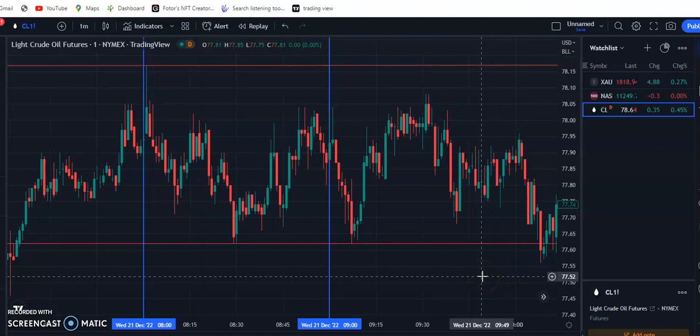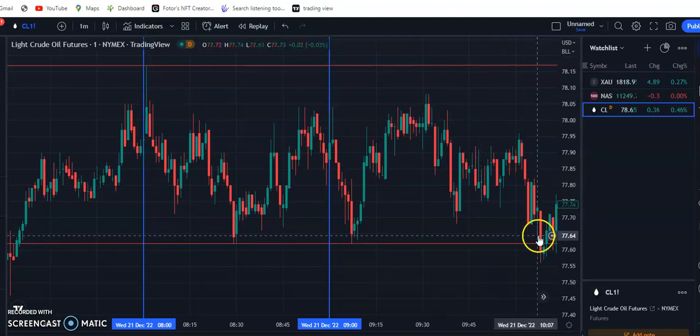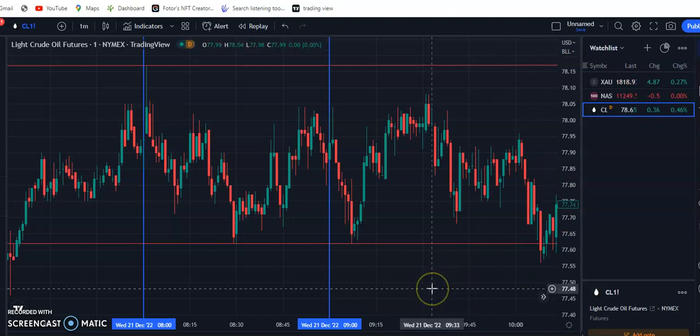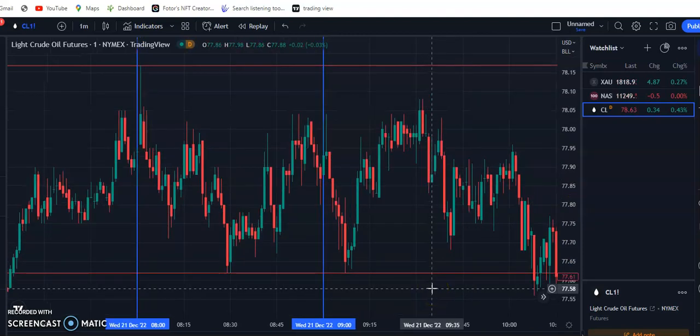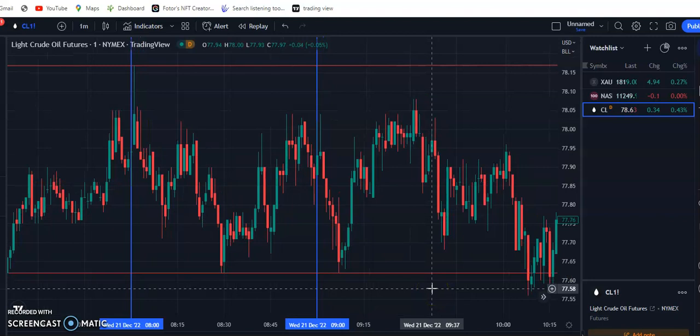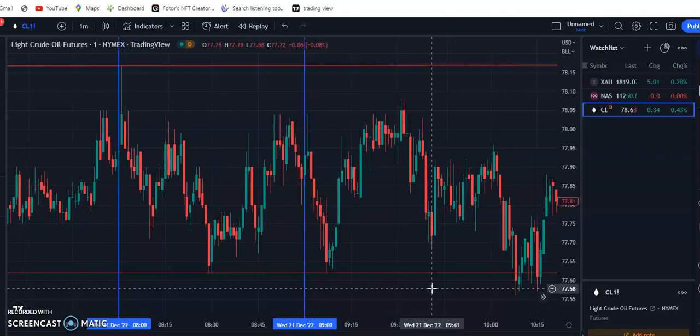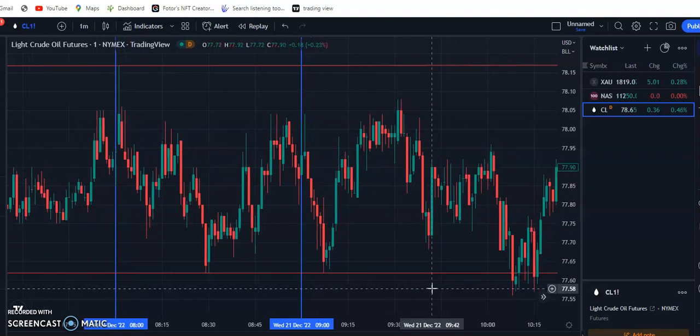And it gave us our M pattern with the break of structure. So what we want is an engulfment. Here is our engulfment.